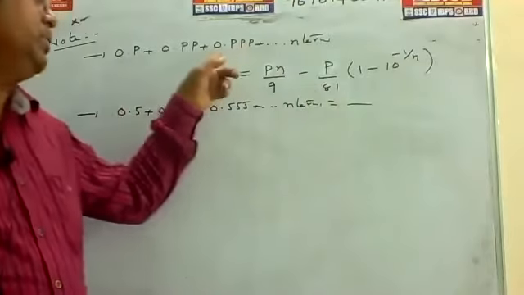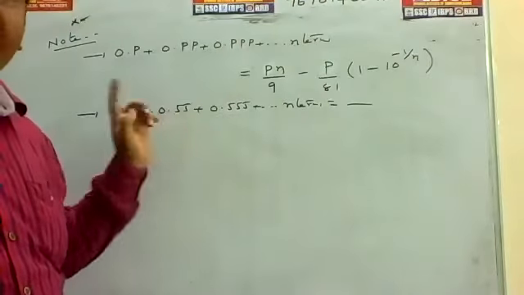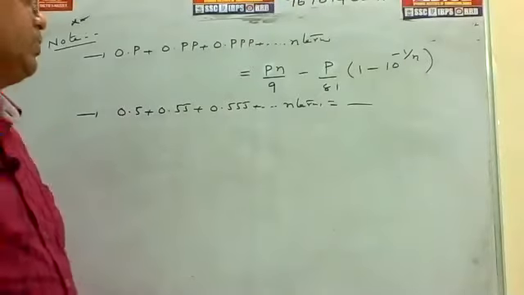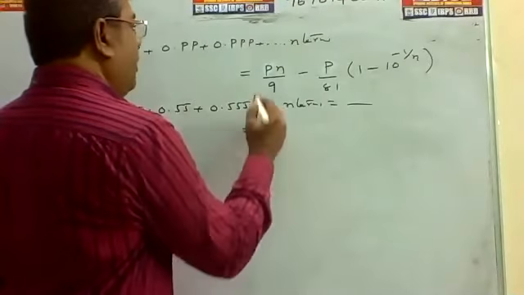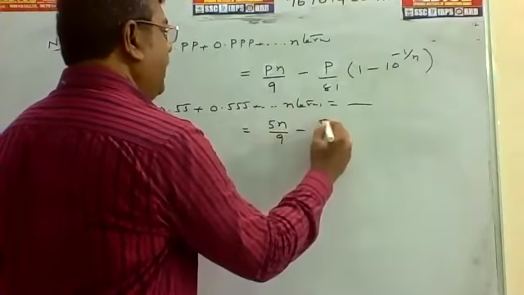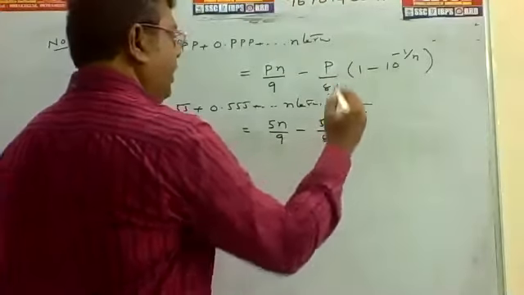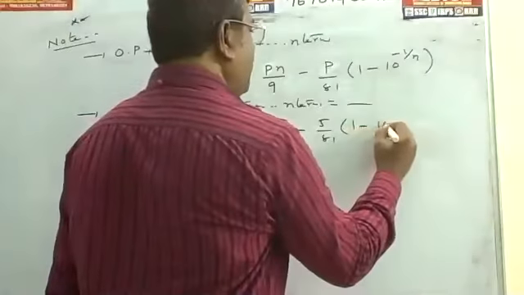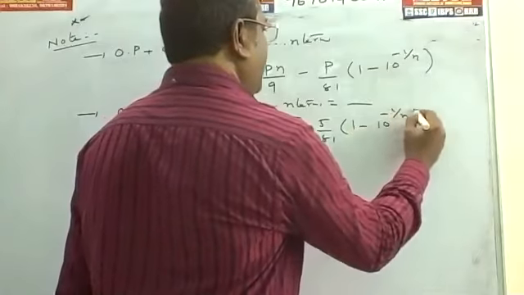So this is in this form. In this form, P means 5. Write down this one. So this is equal to, P means 5, 5n by 9 minus 5 by 81 into 1 minus 10 to the power of minus n. This is the answer.